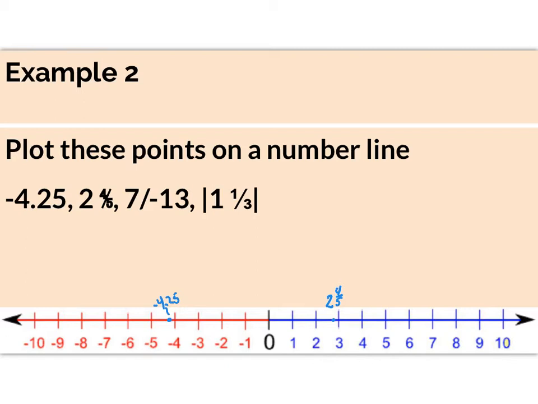It's close to 14. 13 is close to 14, which means it is about halfway between negative 1 and 0. And then 1 1/3 is bigger than 1. 1 1/3 absolute value. And there you go. That's how we place these numbers on a number line.